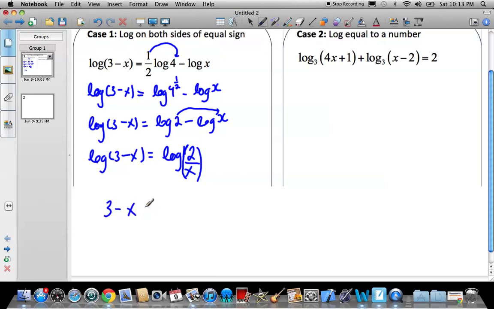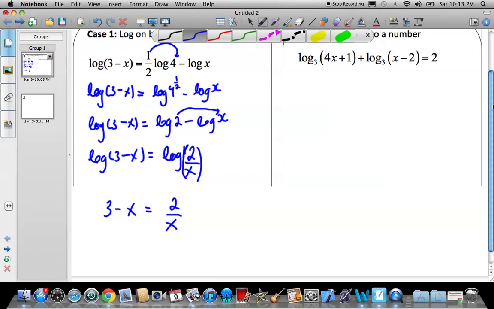An example would be 3 to the 2x is equal to 3 to the x squared minus x. The only way these are equal is if the exponents are equal. We used to think of it as just get rid of the bases and let the exponents equal each other. It's the same thing with logs. We just get rid of the logs and let what's inside the functions equal each other.